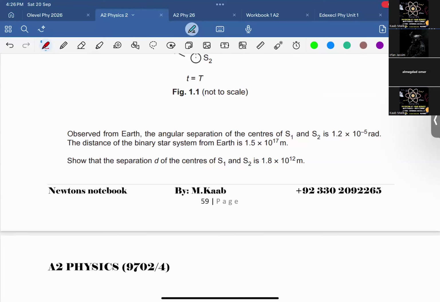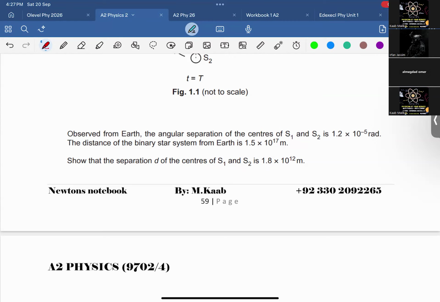Observed from Earth, the angular separation of the centers S1 and S2 is 1.2 × 10^-5 radian. The distance of the binary star system from Earth is 1.5 × 10^17 meters. Show that the separation d of the centers S1 and S2 is 1.8 × 10^12 meters.